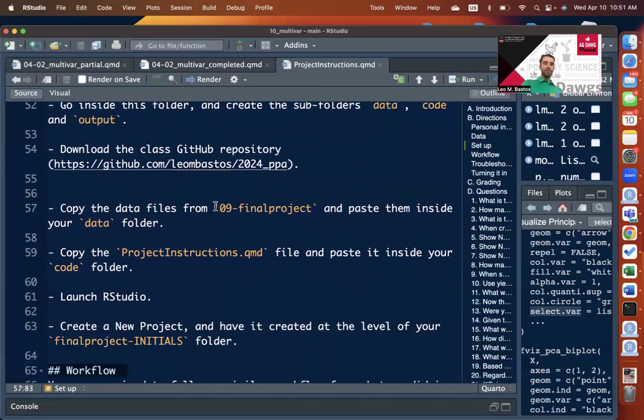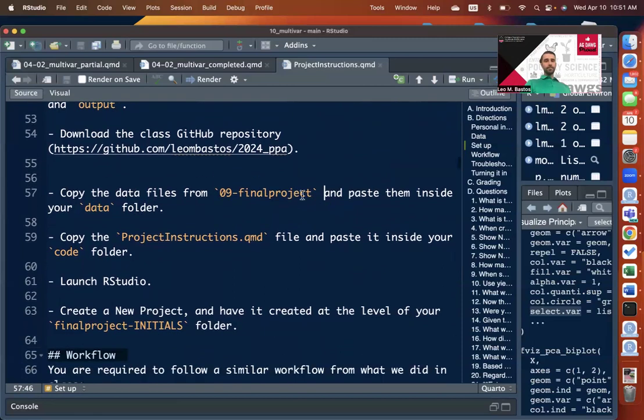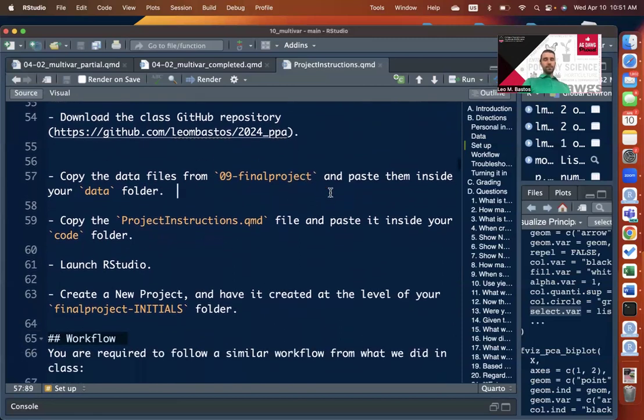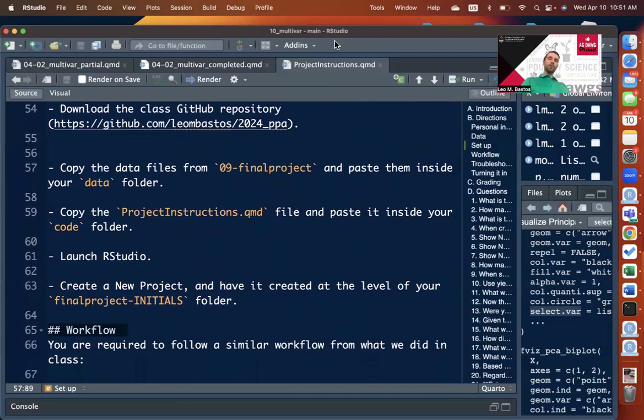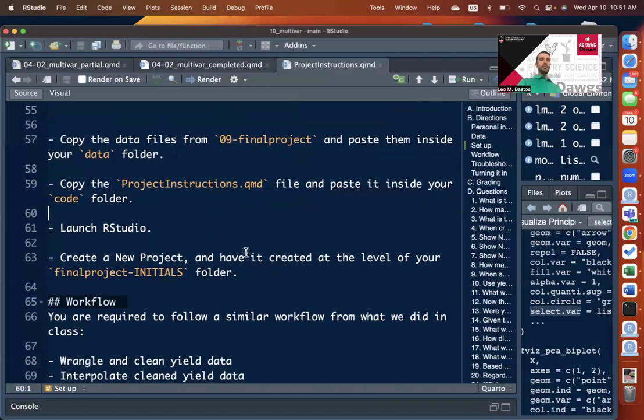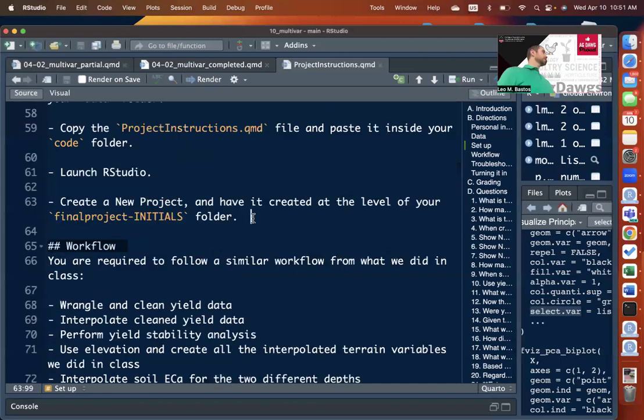You would move the script, project instructions, inside of the code folder. You would move all the other files that are not this script into the data folder, as those are all data coming in. And then you create an RStudio project on this folder for this project, just like we did in class.